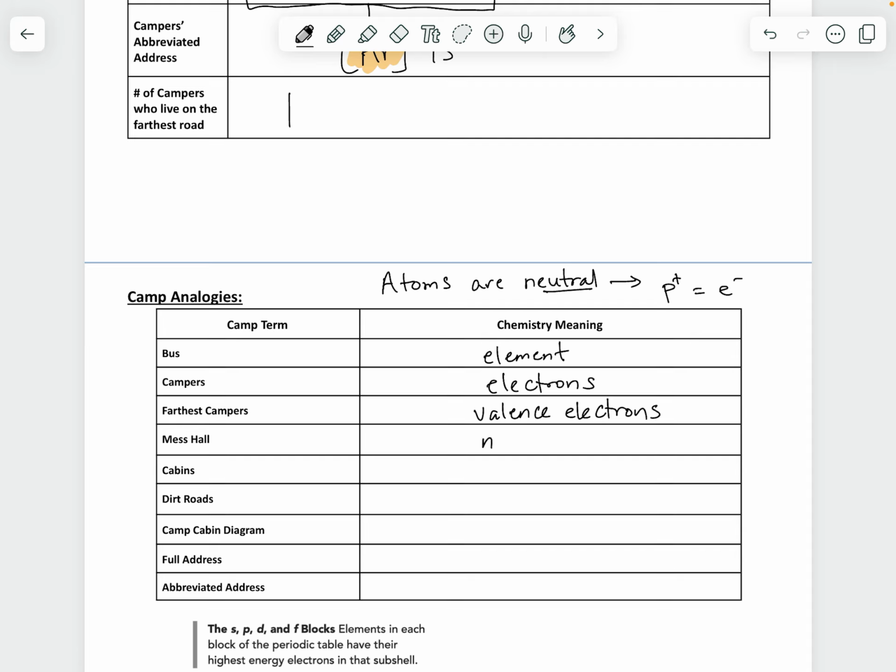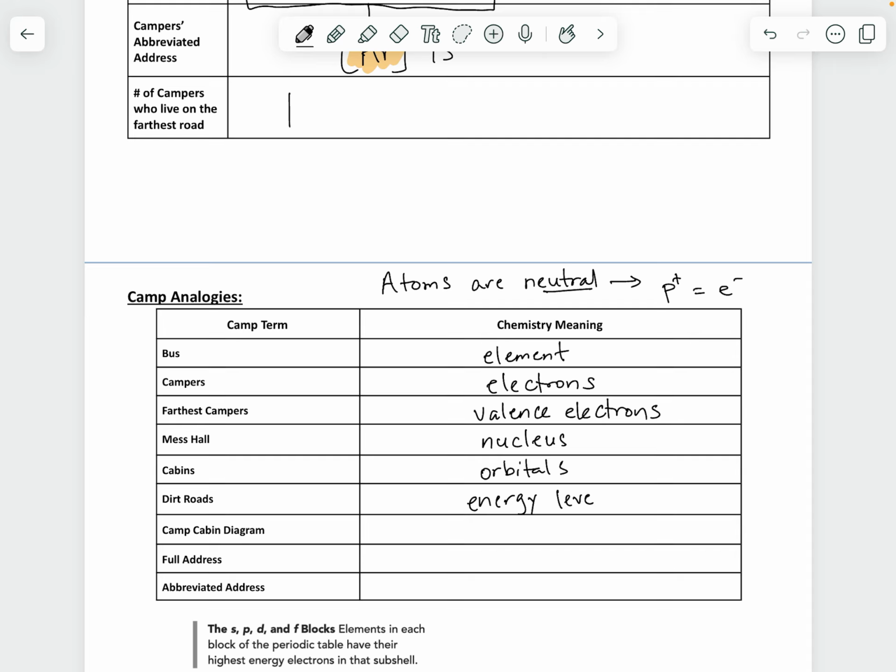The mess hall is then the nucleus. The nucleus is where the protons and the neutrons are, and that doesn't change, right? What changes for our orbitals is how many electrons are occupying, because those are what are on the outside. The cabins are what we call orbitals. The dirt roads are what we call energy levels.